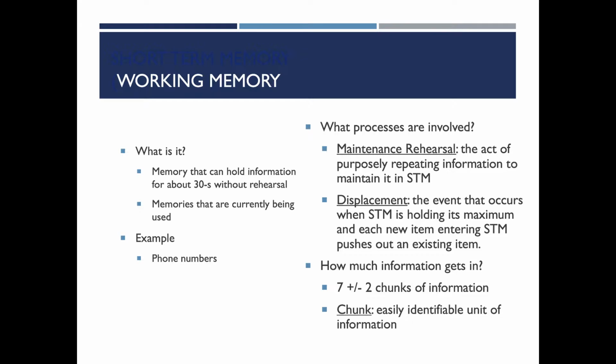So how much information can you get into your working memory or short-term memory? It's 7 plus or minus 2 chunks of information. And a chunk is an easily identifiable unit of information. So imagine that I asked you to memorize a 10-digit number, like the pizza place.